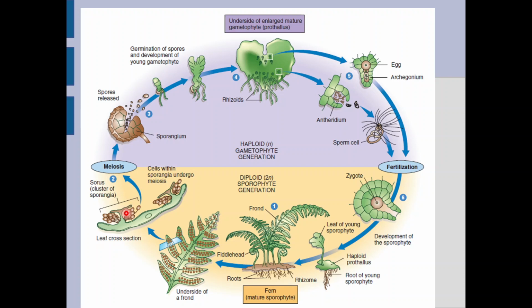And within the sporangia, mother cells undergo meiosis to form haploid spores. So this is a sporangium, and meiosis occurs inside. The sporangium of many ferns is characterized by an annulus, a row of cells with unevenly thickened walls.